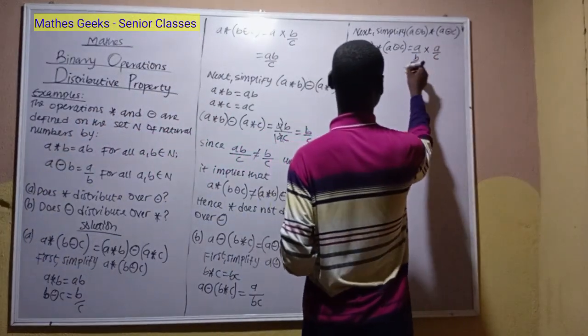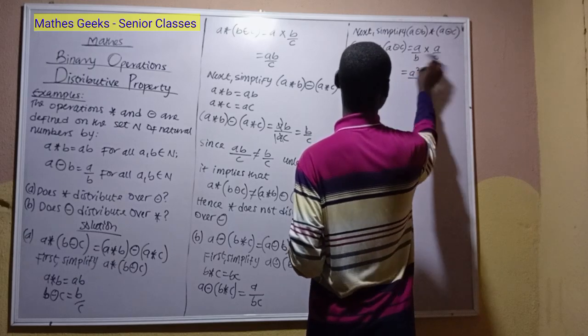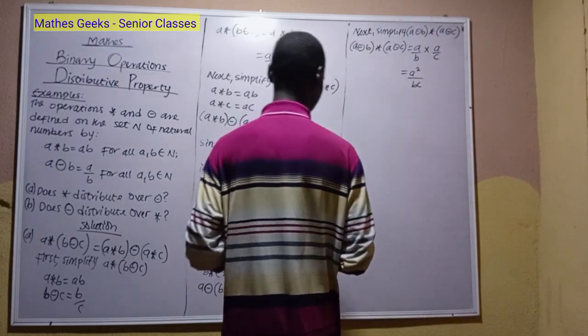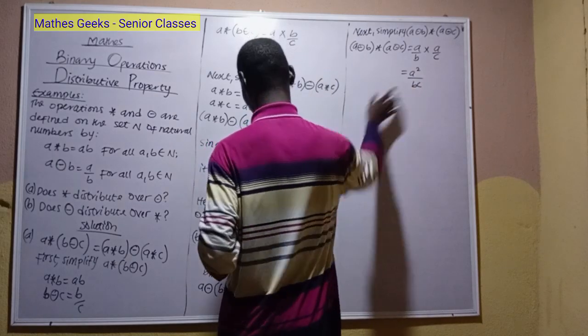Now let's simplify. A times A is A squared and B times C is BC. Now what would you observe? You observe that A squared, this part is not equal to this part.